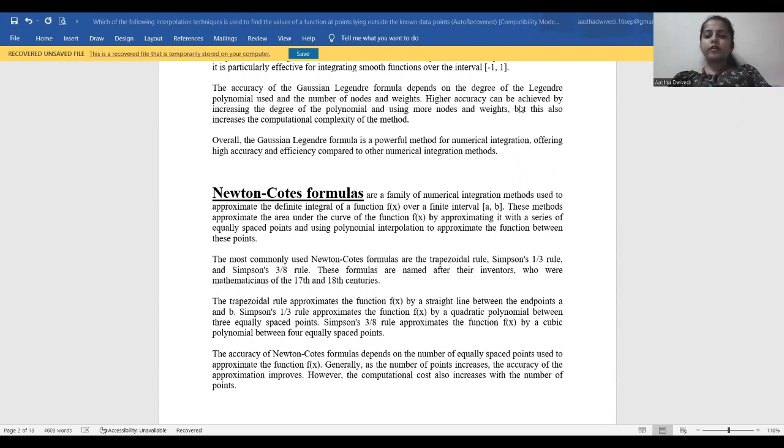Higher accuracy can be achieved by increasing the degree of the polynomial and using more nodes and weights, but this also increases the computational complexity of the method. Overall, the Gaussian Legendre formula is a powerful method for numerical integration, offering high accuracy and efficiency compared to other numeric integration methods.